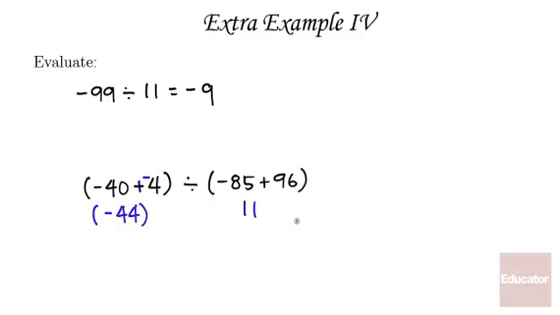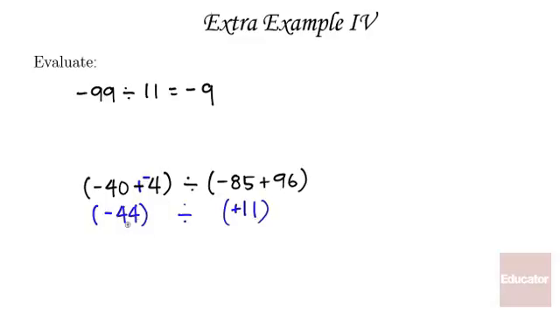And 96 is the number with the greater absolute value. So you're going to look at that sign, which is a positive, and then give that sign to the answer. So negative 44 divided by positive 11. Now I can go ahead and divide.